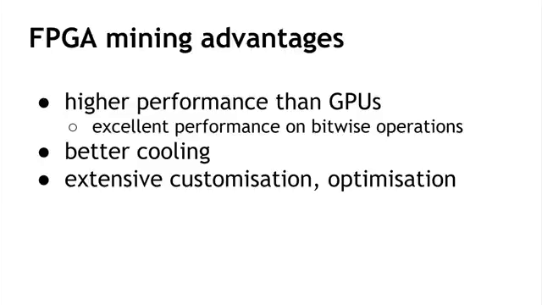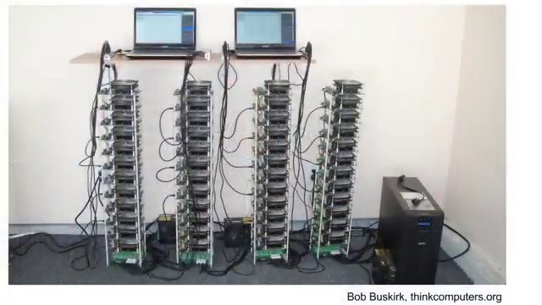So they do offer better performance than graphics cards, particularly on some of the bit fiddling operations. That kind of stuff is very easy to spec out in an FPGA. And if you know what you're doing, you can get the cooling to work out better with an FPGA. You're wasting a little bit less of the card than you would be with a graphics card, and you can pack more of these together and drive them from one central unit. So just like with the graphics cards, people said, once I have the FPGA working, why don't I try getting a lot of FPGAs?